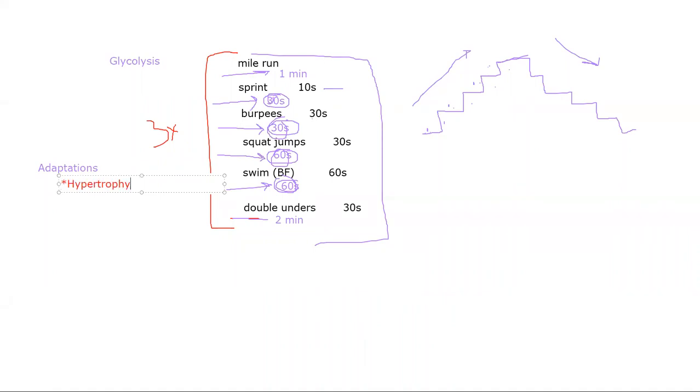Hypertrophy. Muscles will get bigger and stronger. Secondary to hypertrophy would be increased what? Strength. Speed.